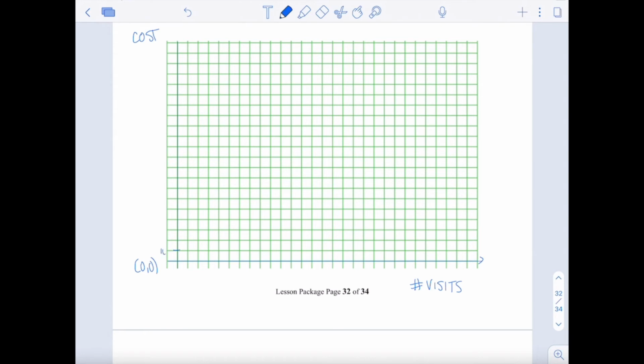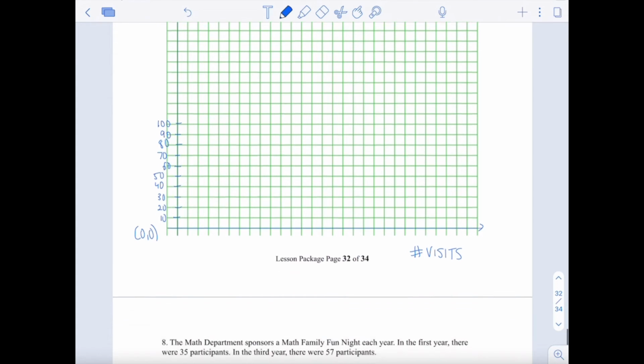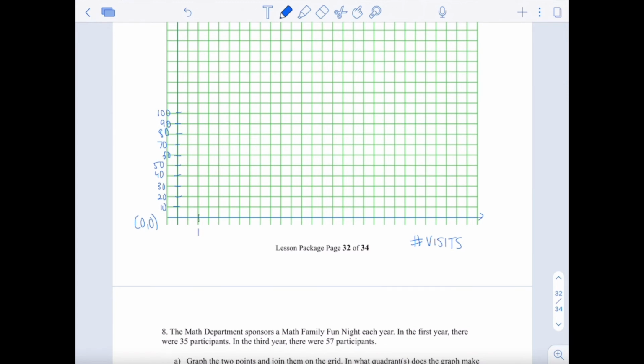Okay, so we've got 10, 20, 30, 40. Oops. Okay. It's 100. You don't have to label them all, so once I know what one box is, let's leave it there. And then I'll do visits. I'll make them a little bit more spread out.